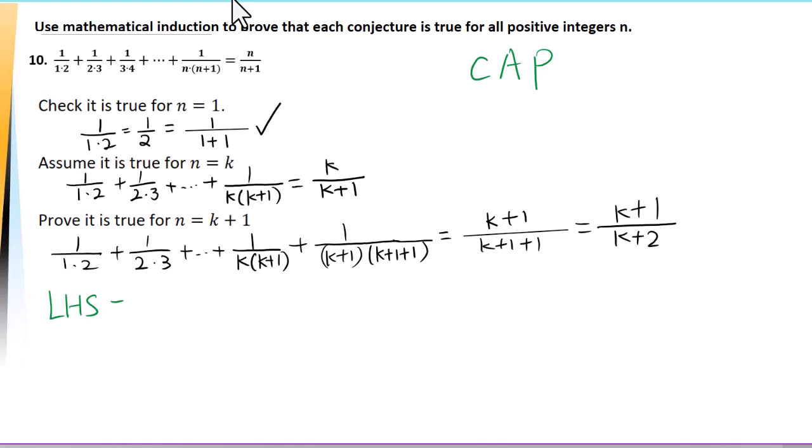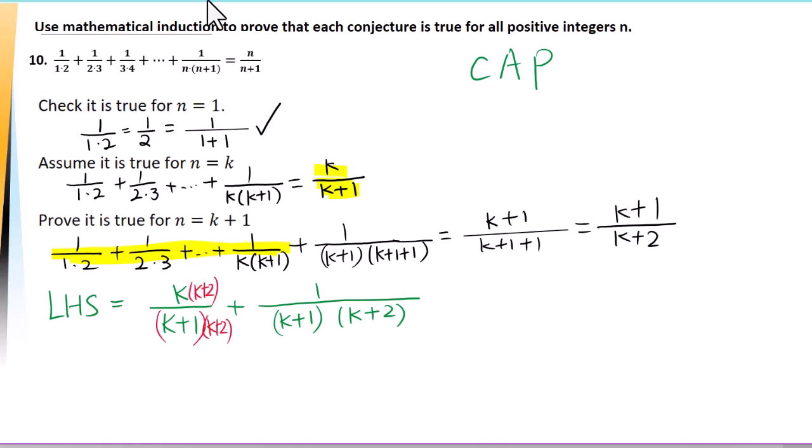Left hand side: use the assumption. The first k terms equal this: k over k plus 1 plus 1 over k plus 1 times k plus 2. We need to make the same denominator, multiplying numerator and denominator by k plus 2.